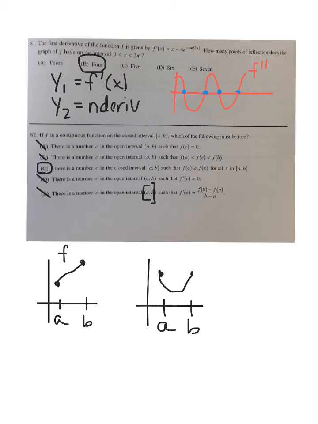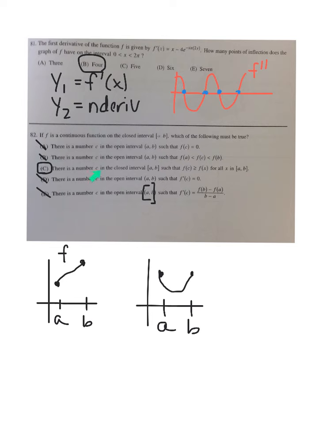If we have a function that's continuous on a closed interval, which is what we've got here, so we have a continuous function on a closed interval, okay? Then the function has to attain a maximum or a minimum at least once in this interval.